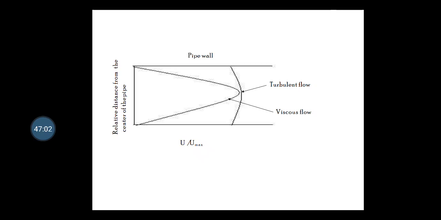In the gradual transition from one region to another, there exists a boundary layer, known as the buffer layer. This buffer layer oscillates between viscous flow and turbulent flow.